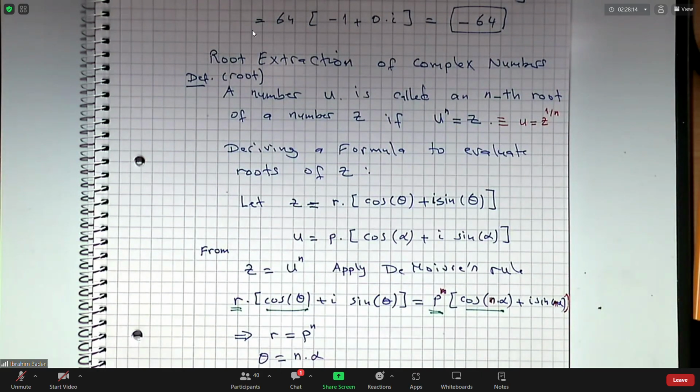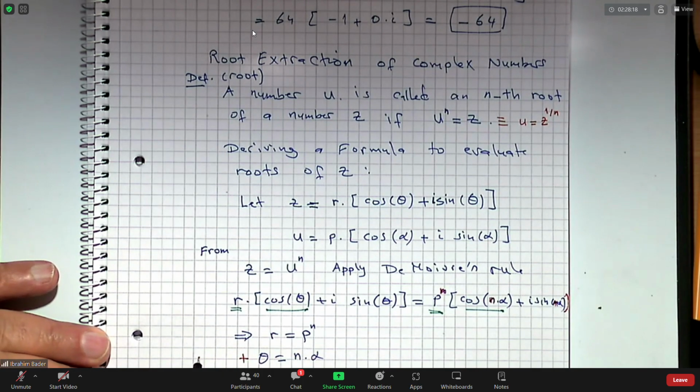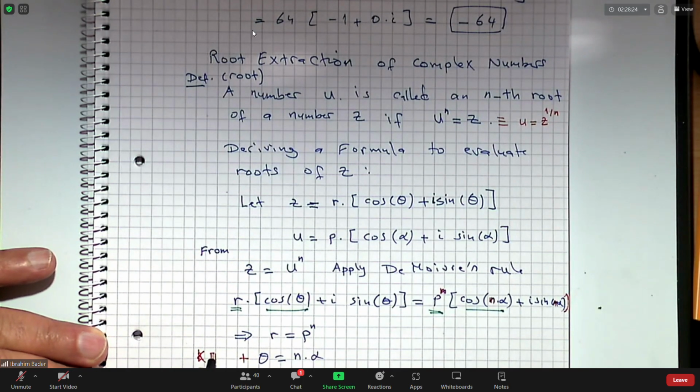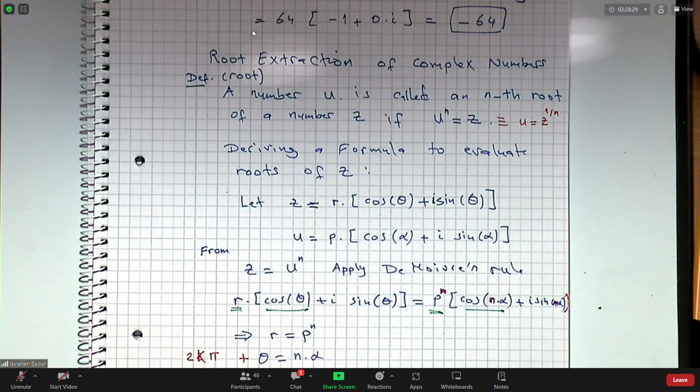That's why we can add any number here, sorry, k times 2 pi. So we can add any multiple of 2 pi.